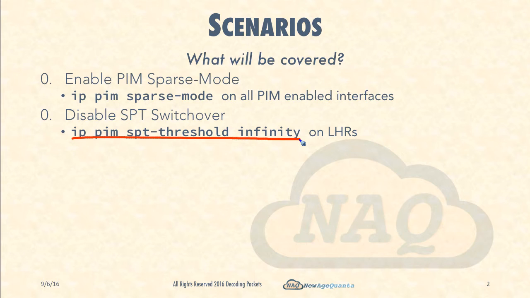So usually shortest path tree switchover reacts to the reception of multicast packets over the RPT, and it's defined by the rate of arrival of those packets. So when you raise that rate of arrival to infinity, so you're waiting for an infinite number of packets to follow down the RPT before you switch over, that essentially means that the switchover doesn't happen. Now this only needs to be done on the LHRs. So we'll keep the configuration to a minimum by only putting this particular command on the LHRs. So we'll put it on R5 and on R6.